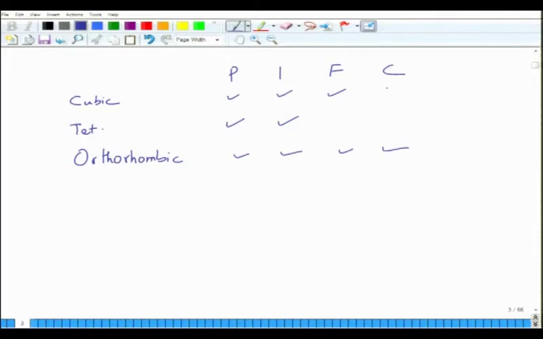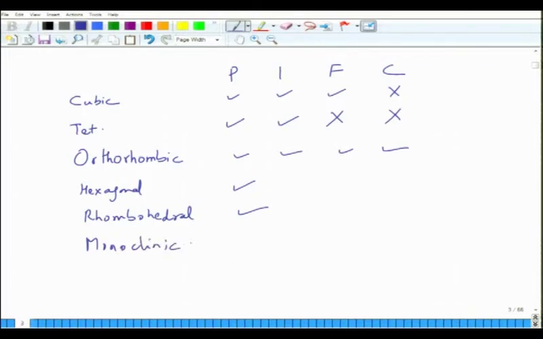So for example, why is C centered cubic missing, why is face centered tetragonal missing, why is C centered tetragonal missing, and so on and so forth. And then of course you had hexagonal, which again had only primitive system. Rhombohedral also had only primitive, and then monoclinic had primitive and also C centered, and triclinic had only primitive.